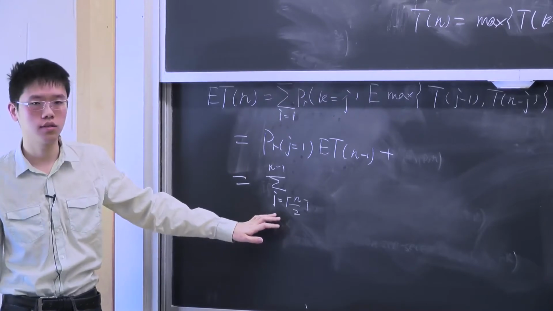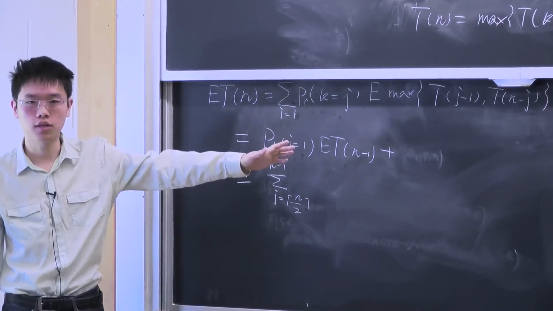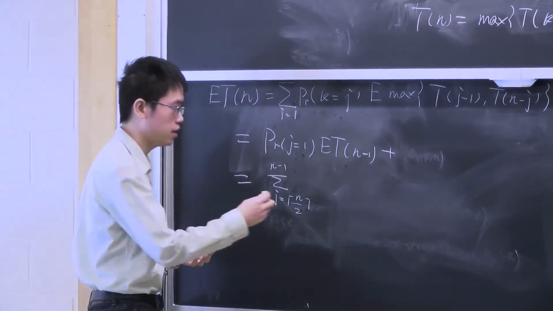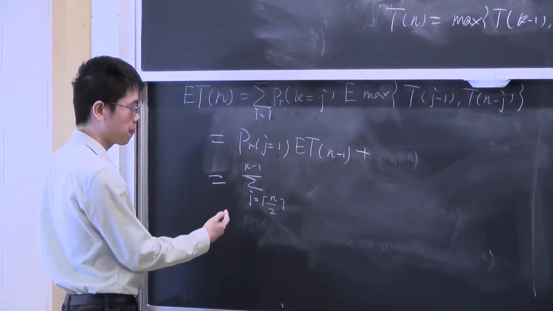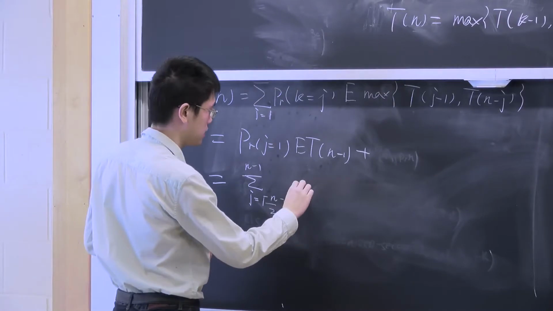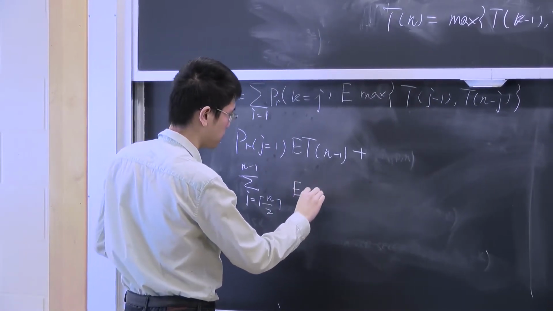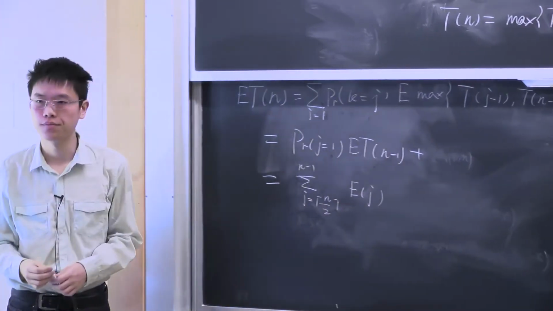If j is larger than half of n, I will take the left one. And they happen to be symmetric. Everyone gets that?